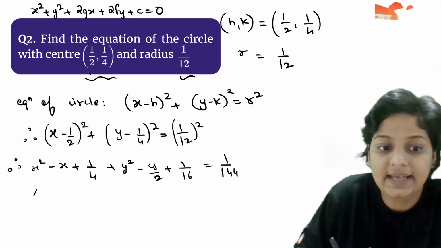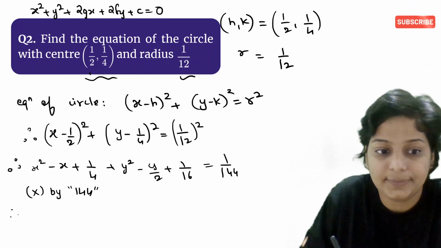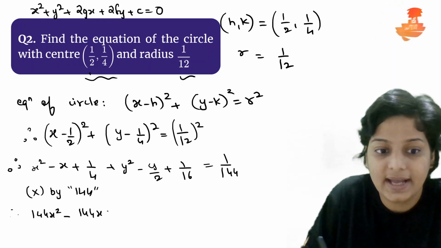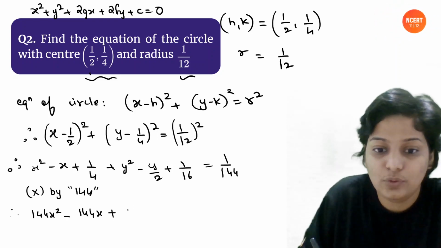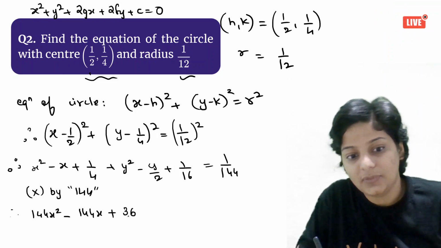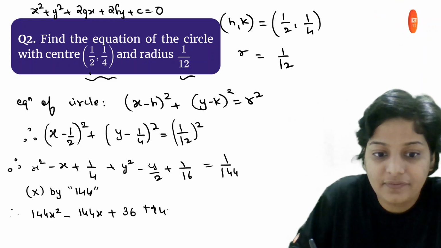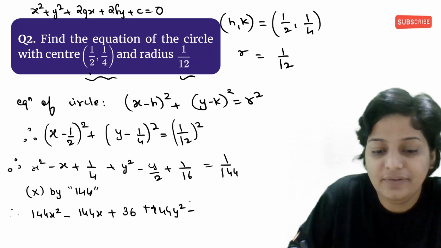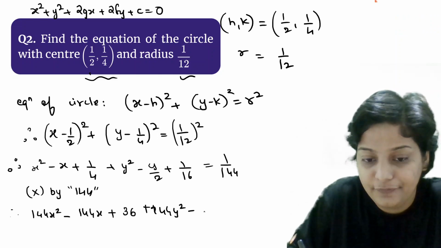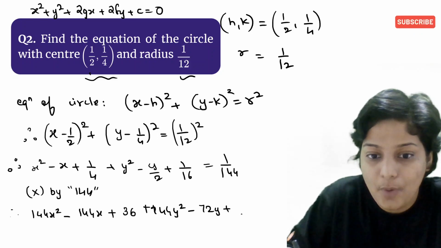Let's multiply the entire equation by 144. Let's see what we get. So we get 144x square minus 144x plus 144 upon 4 अगर आपने किया तो you will get 36 plus 144y square minus 144 upon 2. If you do, you will get 72y plus 144 upon 16.